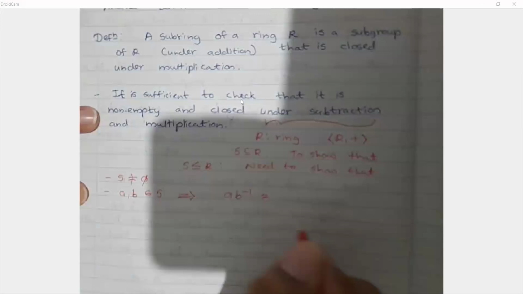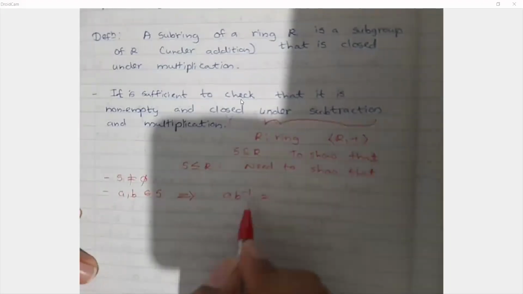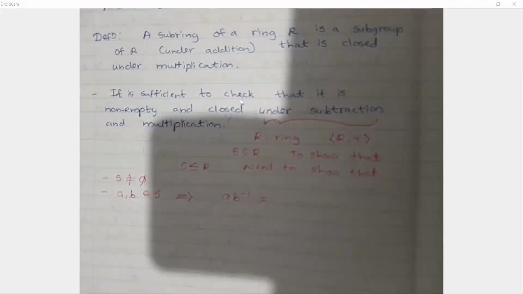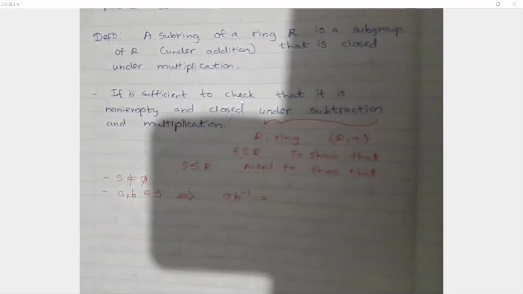Now, the binary operation is addition. So when you refer to the inverse of B, what we refer to is the additive inverse of B. When I say A times B inverse, this times refers to the binary operation addition.